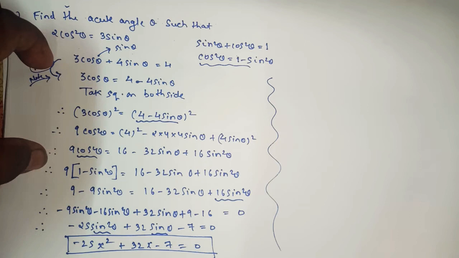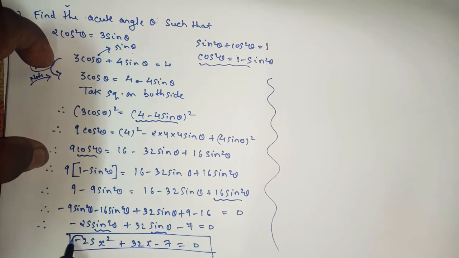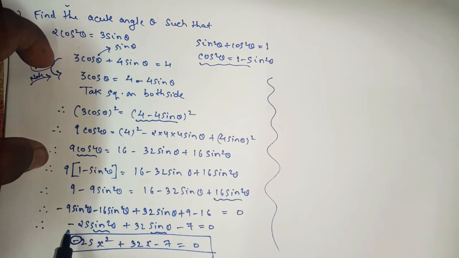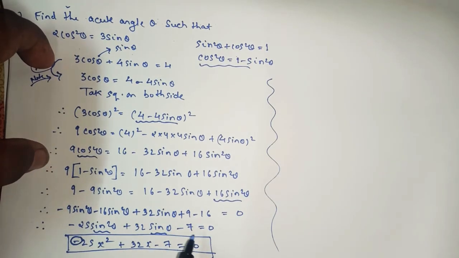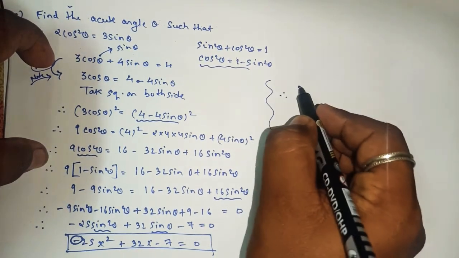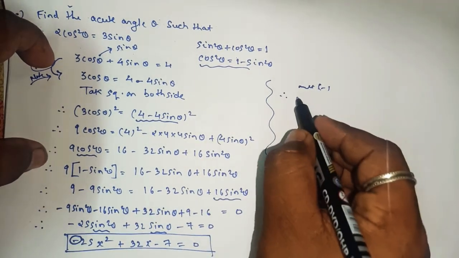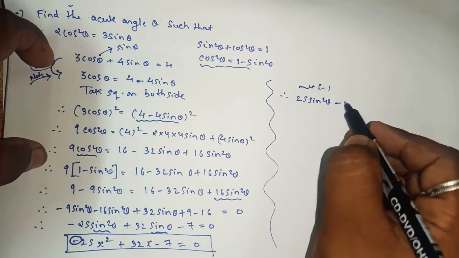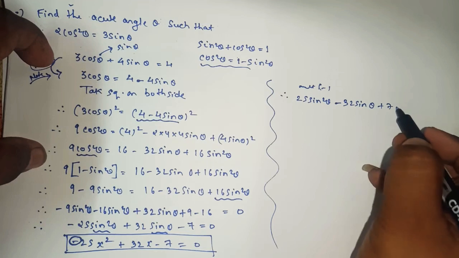And we know that whenever we have a quadratic equation, we try to make the sign of the square part positive. So first we'll make the square part positive by multiplying throughout by minus. So what you will get here is 25 sine square theta minus 32 sine theta plus 7 equals to 0.